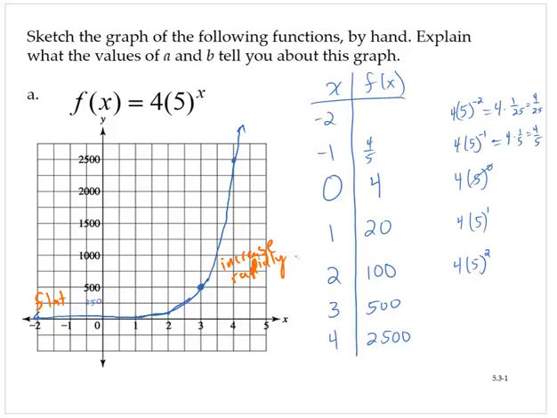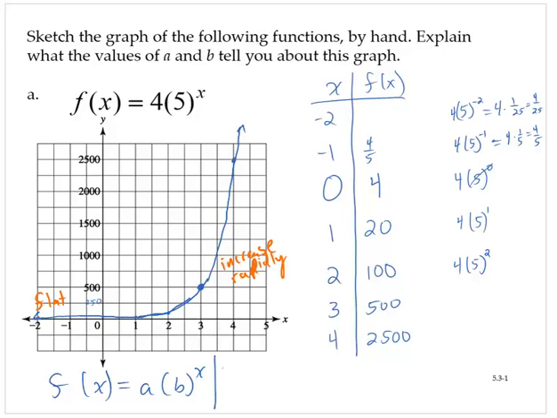Now it asks us also to explain what the values of a and b tell you about this graph. So it's referring to the general form f of x is equal to a times b to the x. So what, the a is 4 and the b is 5.